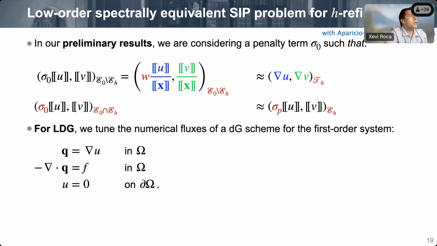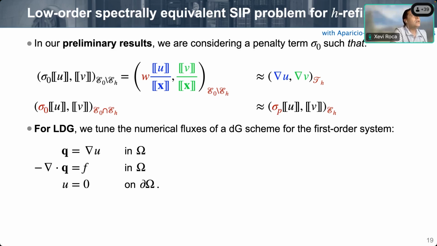Okay, in our preliminary results, we are considering a penalty term sigma_0 such that we have only one term that we can decompose into integrals in two regions. In the first region, this term approximates the integral in the volume of the high-order mesh of the gradient of u and the gradient of v. But now we are not integrating in a volume. We are integrating in the interior of the high-order elements, but only on the skeleton.